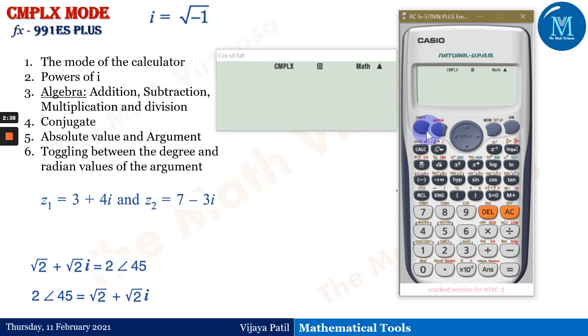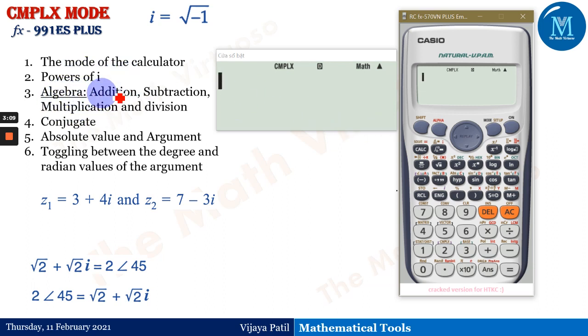Now if I need i to the power, I press Shift ENG for i, then the power, say 103. It gives me the value minus i. That means i to the power 103 is minus i. So I can get any power of i on the calculator. This is the beauty of the calculator in CMPLX mode. You can just explore the powers of i.